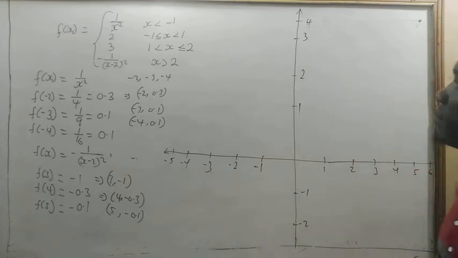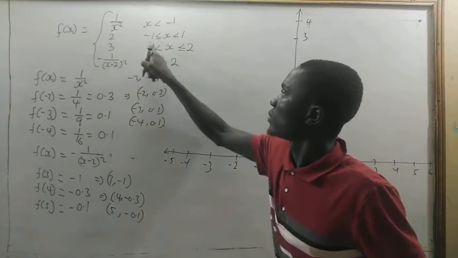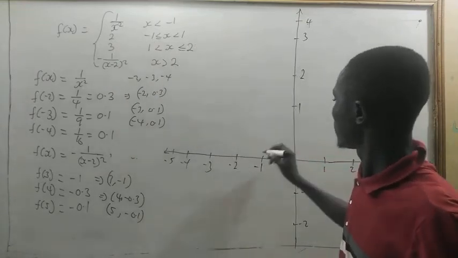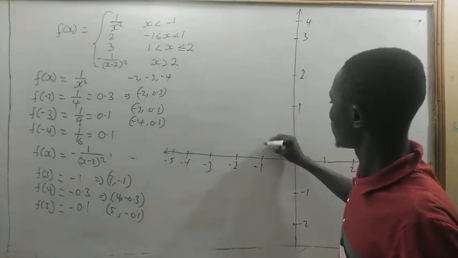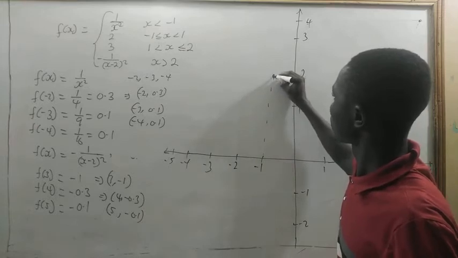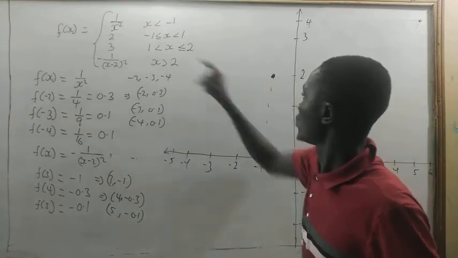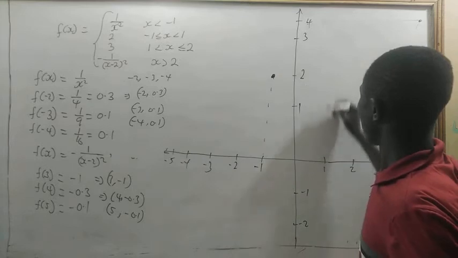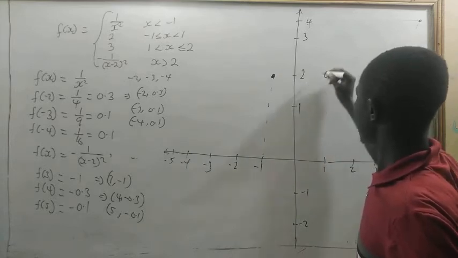Here you are having 2, so negative 1 to 1. So you trace this one to the top. Negative 1 is included, so you shade it. But 1 is not included, so you do an open circle.